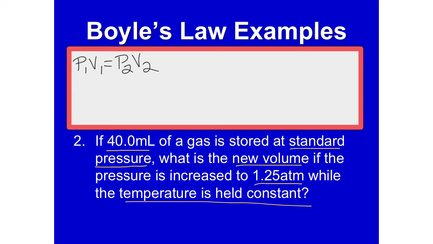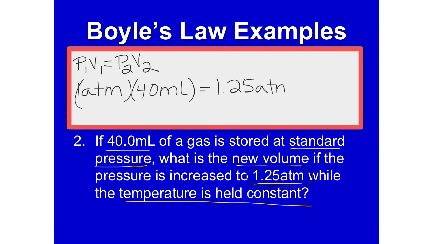We can leave temperature out of the equation since it is constant. My first pressure is standard pressure. Now I need to use 1 atm, not 101.3, because my second pressure is 1.25 atmospheres and they need to match. And the first volume is 40 milliliters. Second pressure is 1.25 atmospheres, and the second volume is what I am looking for.